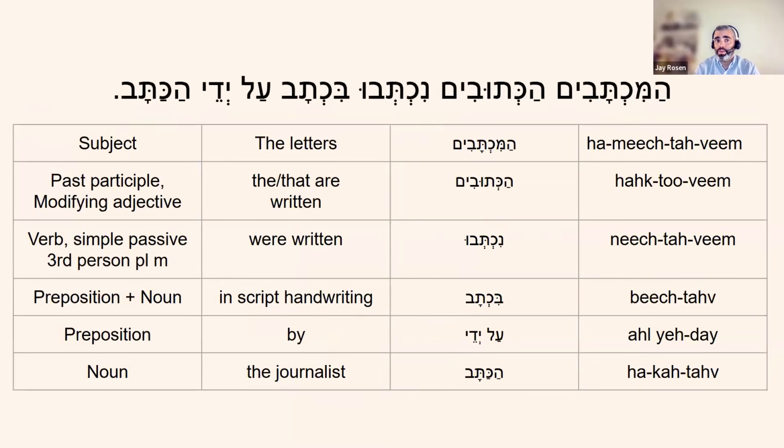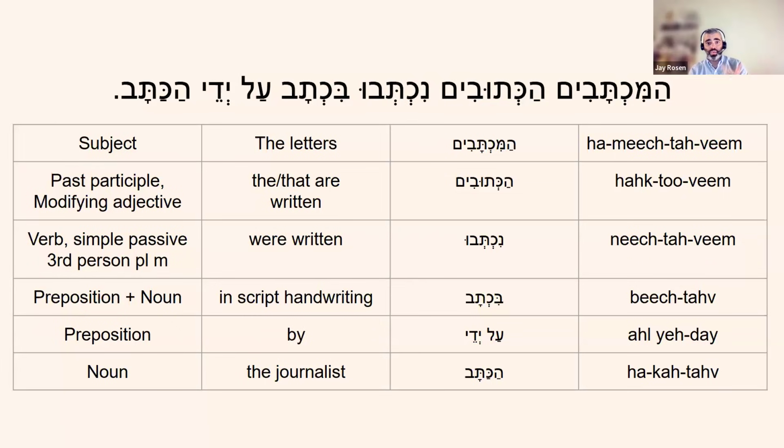The written letters, or the letters that are written. Niktevu, were written. This is the passive form of the simple verb, right? Niktevu, were written, bichtav, in script or in handwriting, al yedei, by hakatav, the journalist.